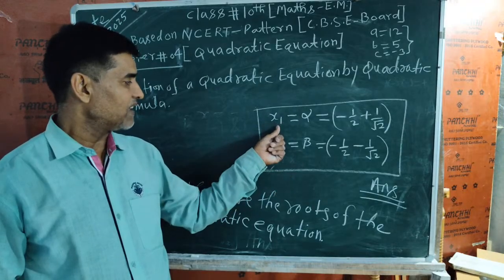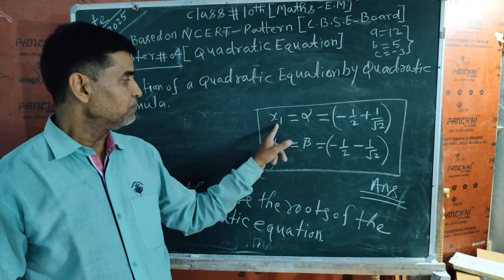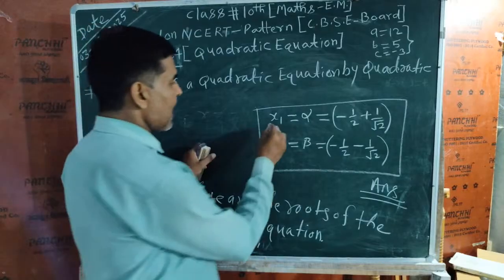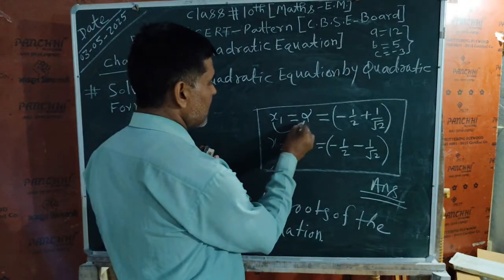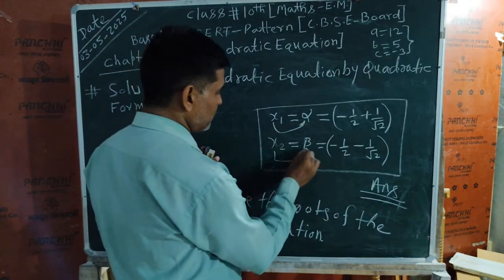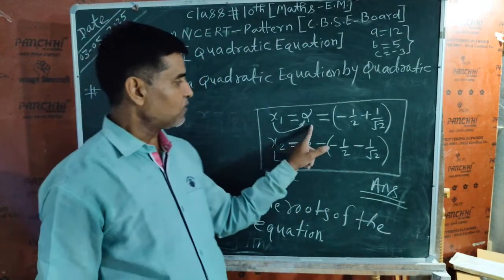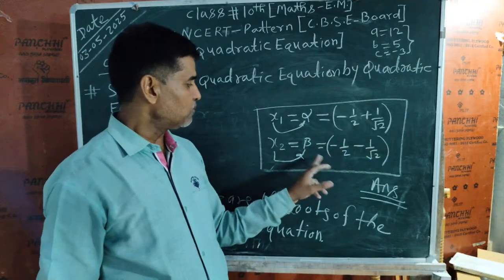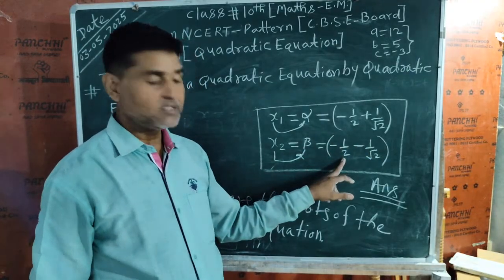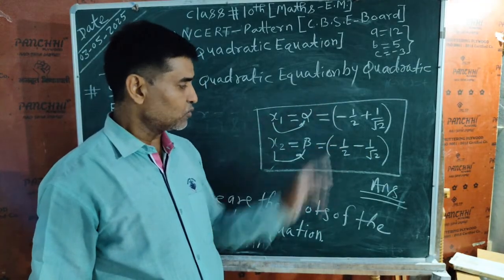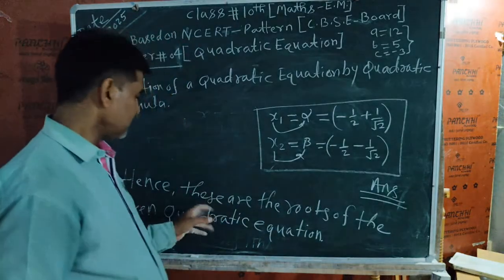The value of x1 I am assigning to alpha, and the value of x2 I am also assigning to beta. So the value of alpha is equal to this one, and the value of beta is equal to this one. And so these are the roots of the given quadratic equation.